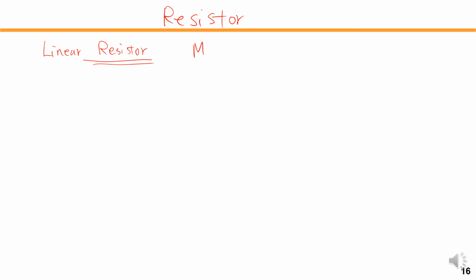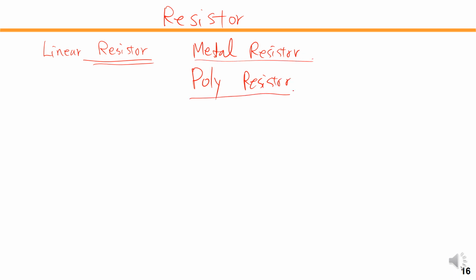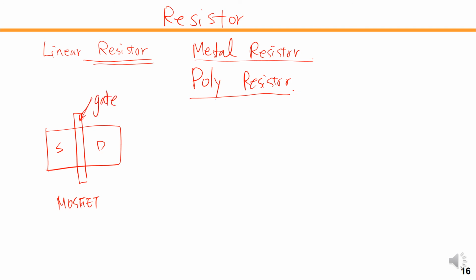We use the metal resistor or poly resistor. Metal is just a metal line. The poly resistor uses the poly gate material. In the MOSFET layout, we draw the source and drain diffusion, and then draw the gate, which is made out of polysilicon.